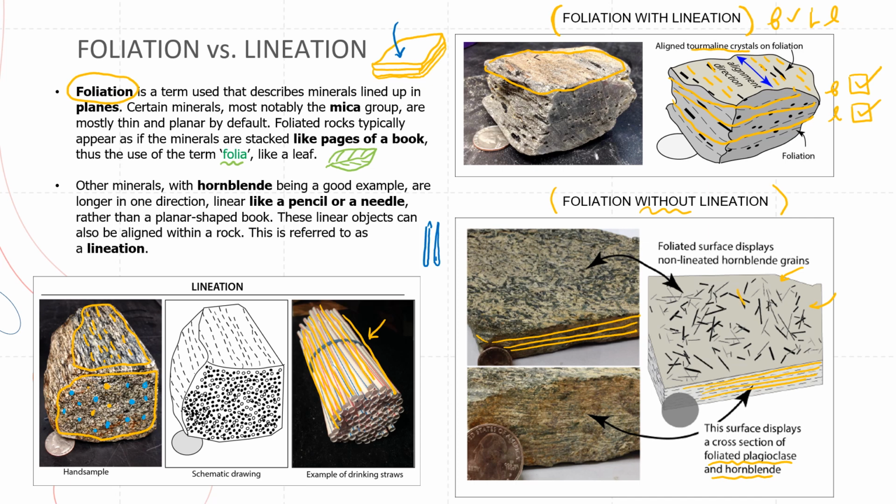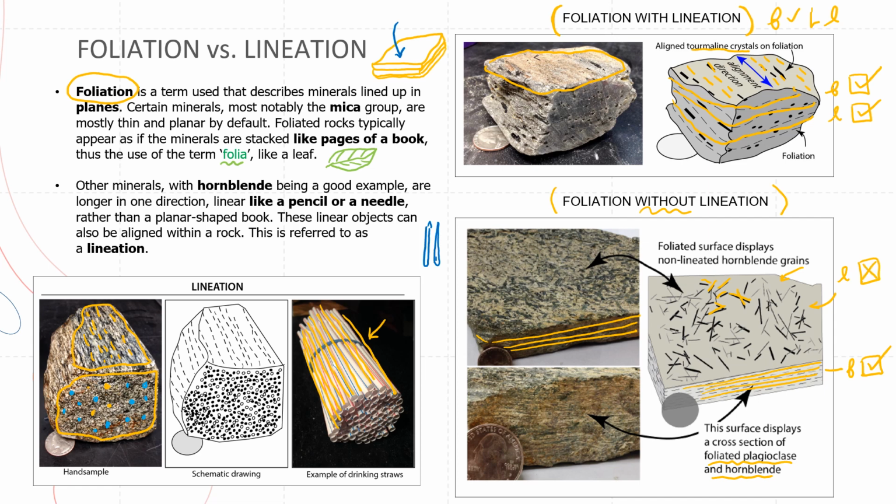So they're all over the place, but they're all over the place on the same plane. So this shows an example of foliation, but without lineation. Hope that helps.